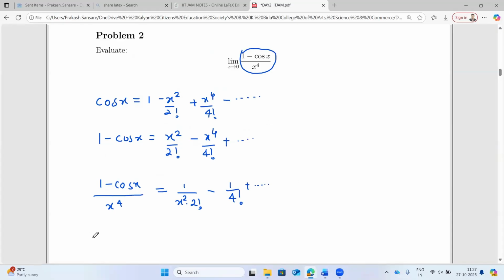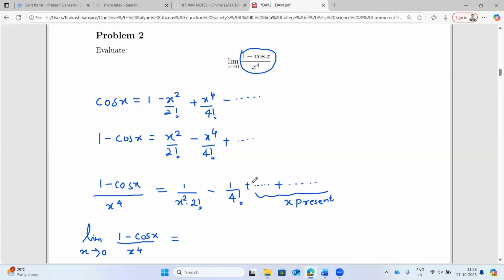So take the limit on both sides: the limit as x approaches 0 of (1 minus cos x) upon x power 4. Now you can see that in the dot dot dot terms, x is present in every term, so they are purely terms of x.